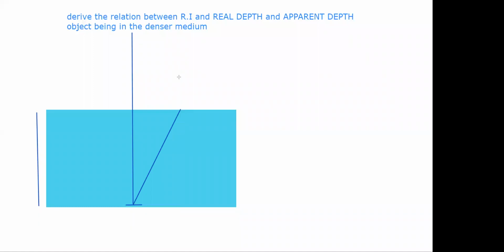I draw a normal here also. Like this. Clear? Yes, sir. The ray is refracted in the rare medium, bending away from the normal. Normal.